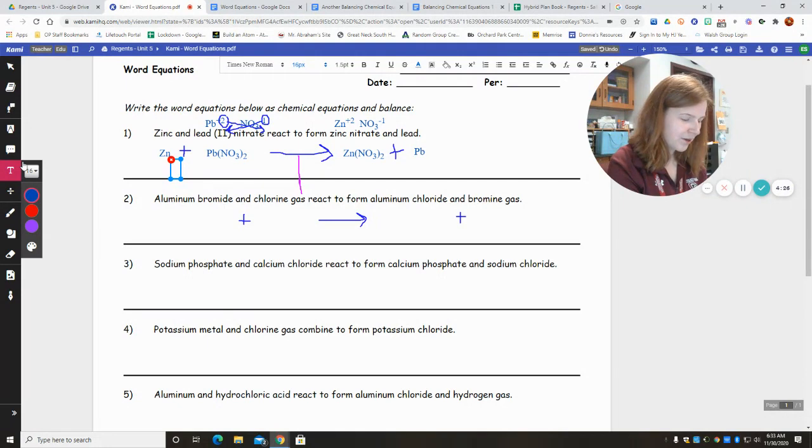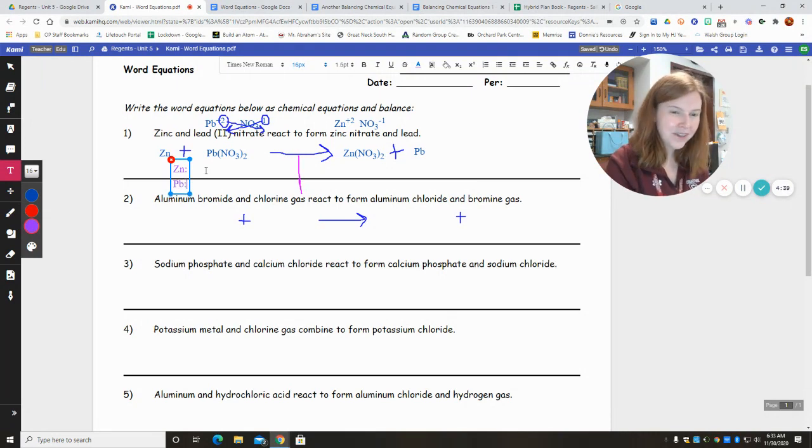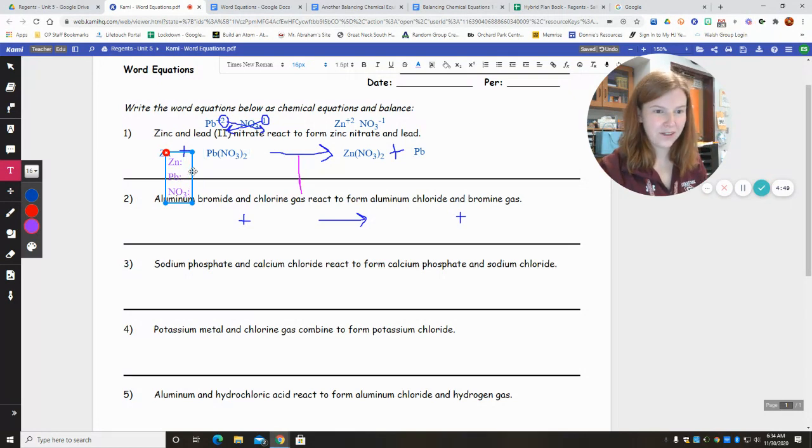And I'll explain why I'm going by ion rather than by element. When you have a polyatomic ion, like that NO3, the nitrate ion, and it appears on both sides of the equation, you can actually, in your inventory, count that as one thing.